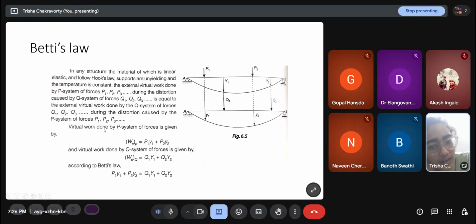So the virtual work done by P system of forces is given by P1 small y1, P2 small y2, because for this deflection profile P1 and P2 are the virtual forces, and for this deflection profile Q1 and Q2 are the virtual forces. And the virtual work done by Q system of forces is given by Q1 capital Y1, Q2 capital Y2. Just see there's a crossover here. According to Betti's law, P1 small y1 plus P2 small y2 is equal to Q1 capital Y1 plus Q2 capital Y2.